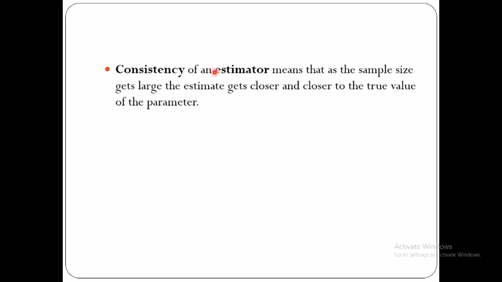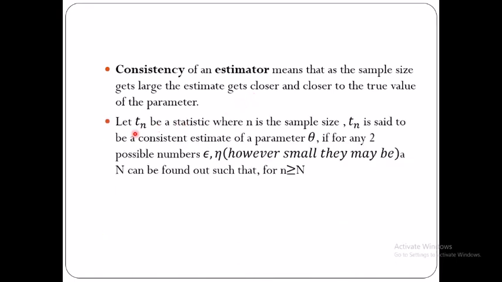Now I know repeating the sentence doesn't make any sense, so we will go into the depth of what this sentence is all about. Now let Tn be a statistic where n is the sample size.